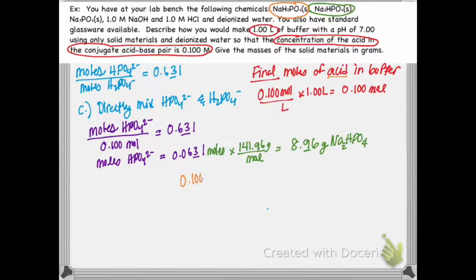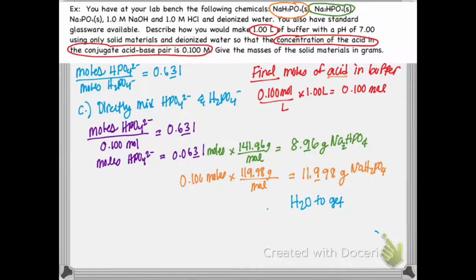So same idea with our moles of our acid component, the H2PO4 minus. That's going to come from the NaH2PO4. So we want 0.1 moles of our acid component coming from the NaH2PO4, which has a molar mass of 119.98 grams per mole. So that comes out then to 11.998 grams, about 12.0 grams, of our NaH2PO4 to get the 0.1 moles of our acid component, the H2PO4 minus.